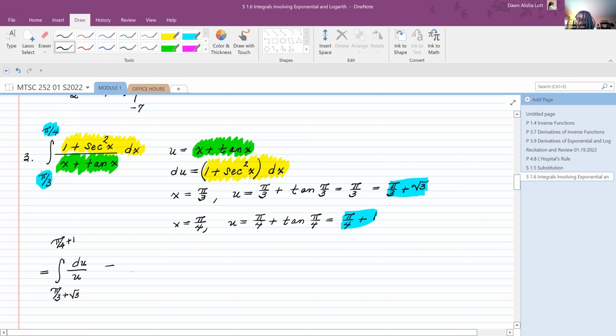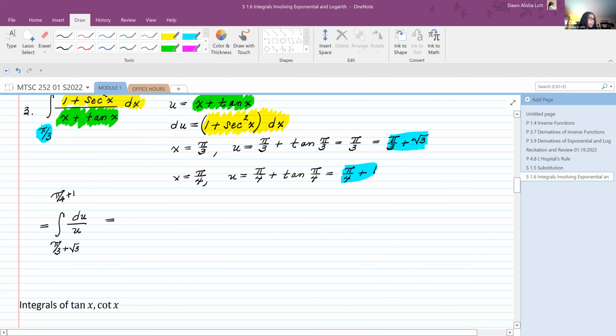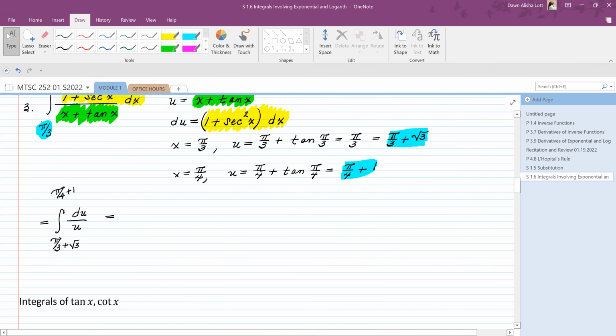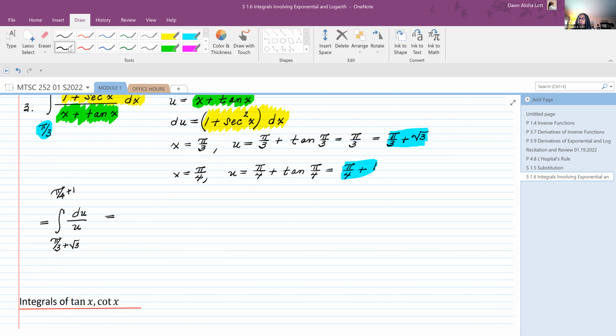Okay, so what's my answer? Integral of du over u is what? That is the whole point of all this section.